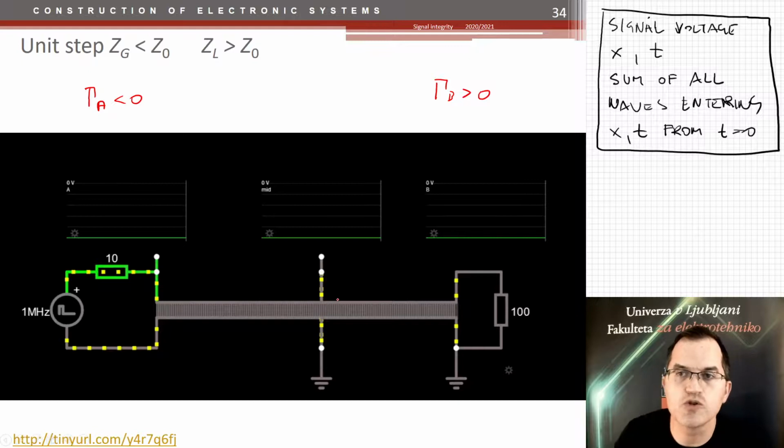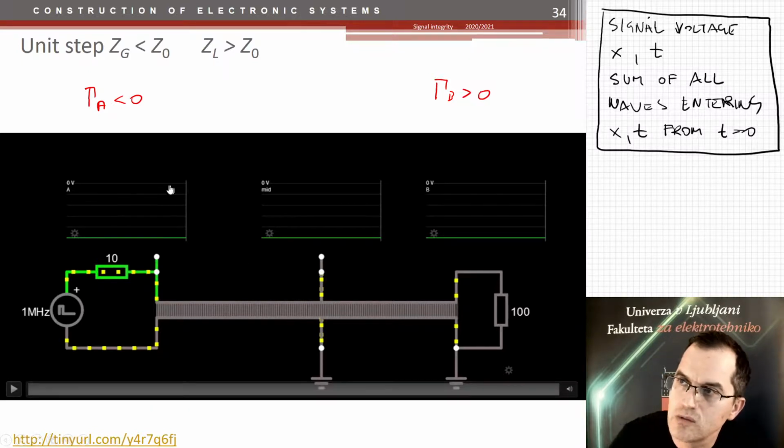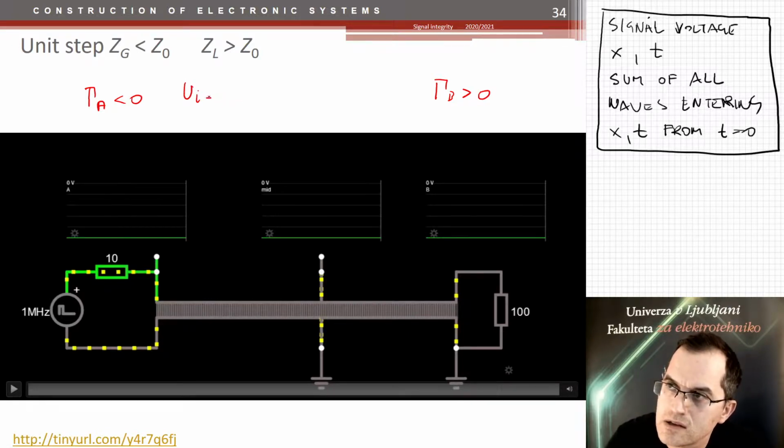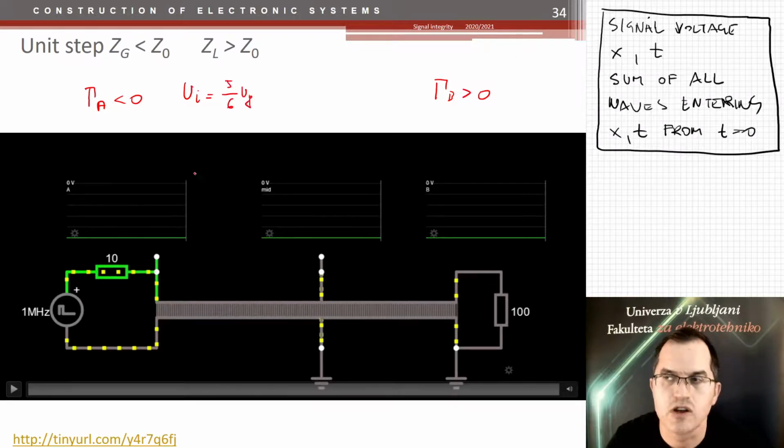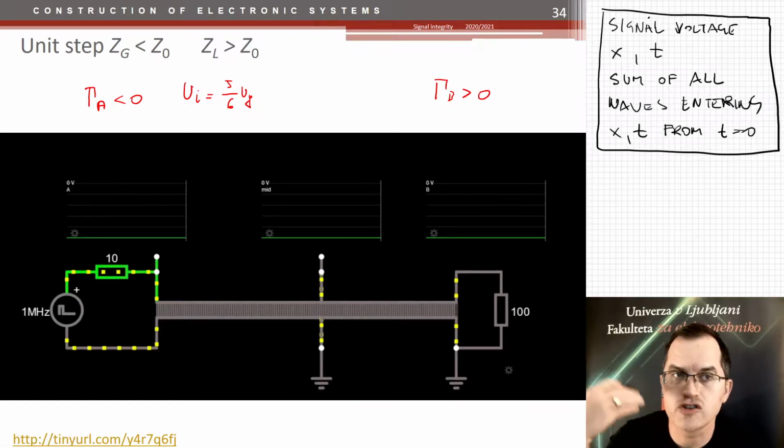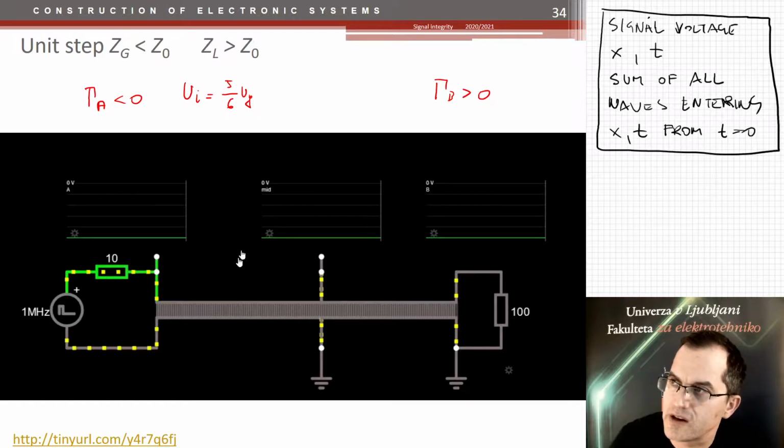And this is what we usually have in our digital systems. So initial voltage is quite large, 100 over 50... you know it's 5/6 of the generator voltage, which is what we want in digital systems. We want the initial voltage to be large enough to represent logic 1. And now this one is traveling along.